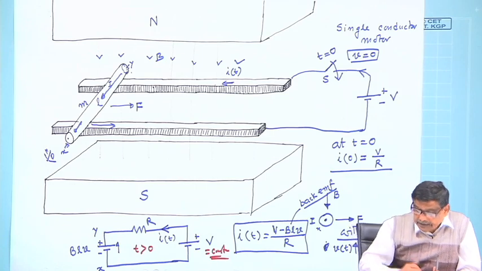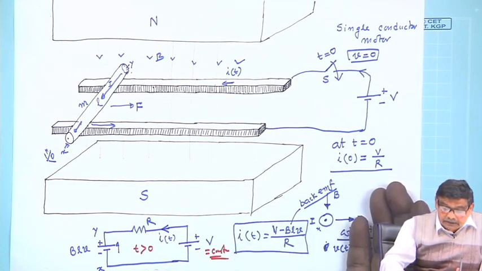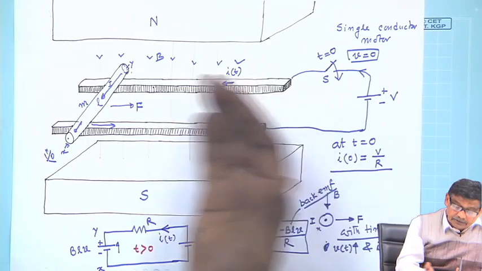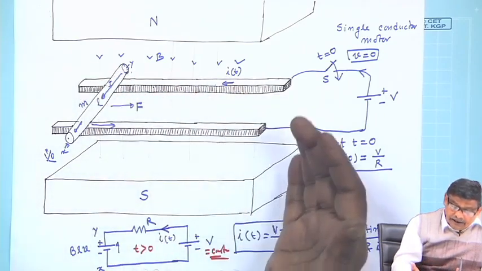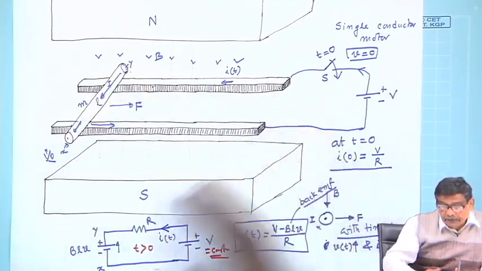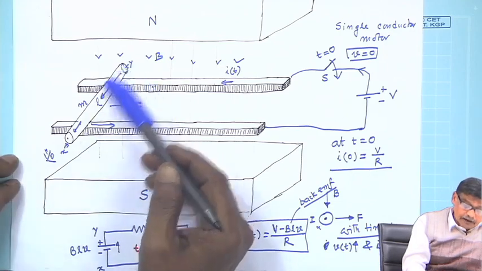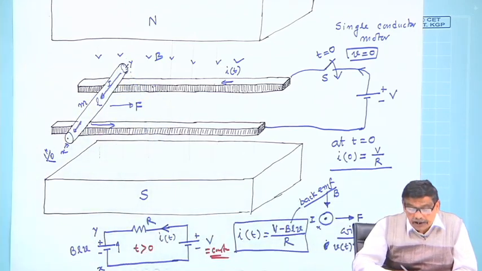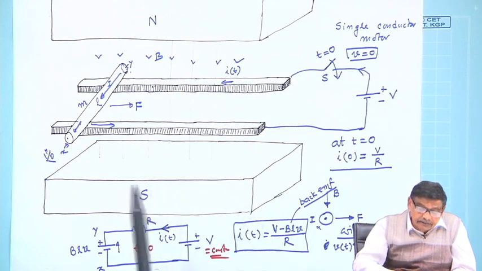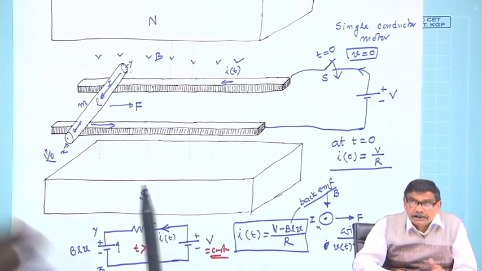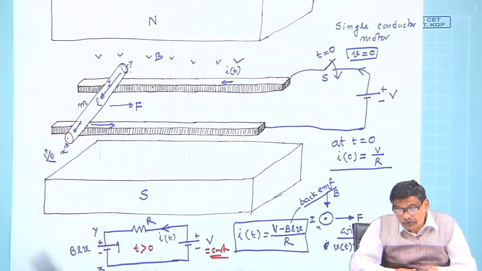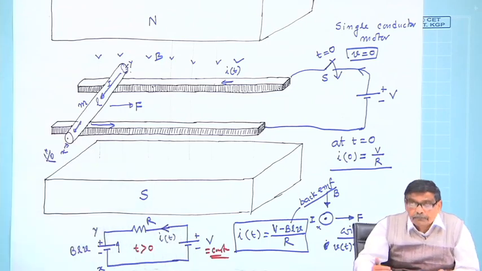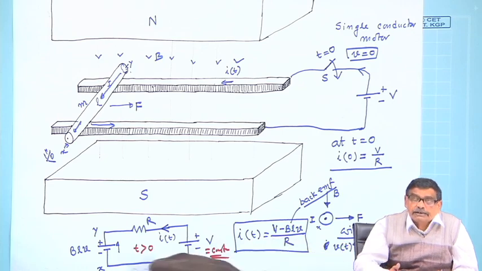One is how energy conversion takes place from electrical to mechanical, and so on, how current behaves, how this bar attains a constant velocity. Constant velocity will be attained only when the electromagnetic force, that is the BIL sort of force, is counterbalanced by the opposing force, which is mechanical in nature.